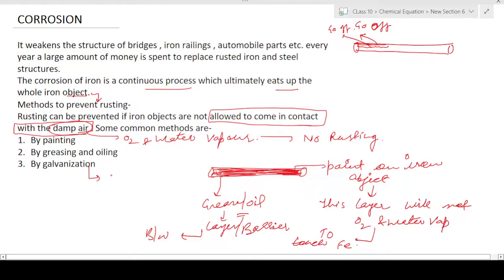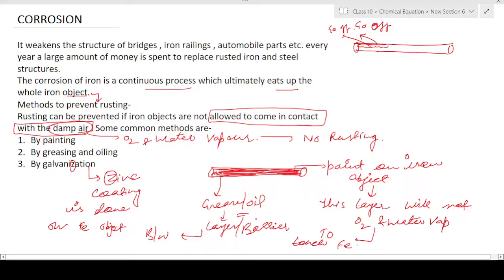In galvanization, a zinc coating is done on the iron object. Remember, galvanization has a Z in it, same as zinc, Z. So you can remember from there that there is a coating of zinc which is applied over the iron object.